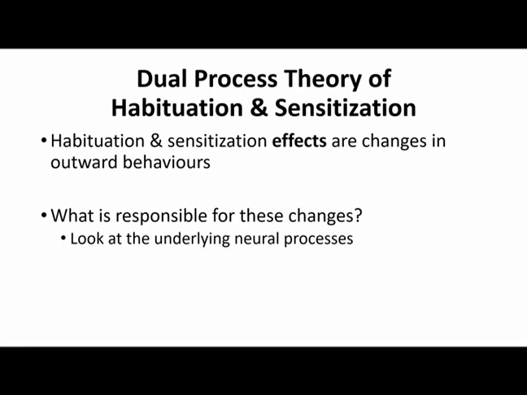And these are the changes in outwards behavior that we're observing. But as much as we've talked about the fact that these outward effects occur, we haven't really talked about what's responsible for those changes, what's actually driving those effects. So now we're going to look at the underlying neural processes. So what are the mechanisms that drive habituation and sensitization effects?